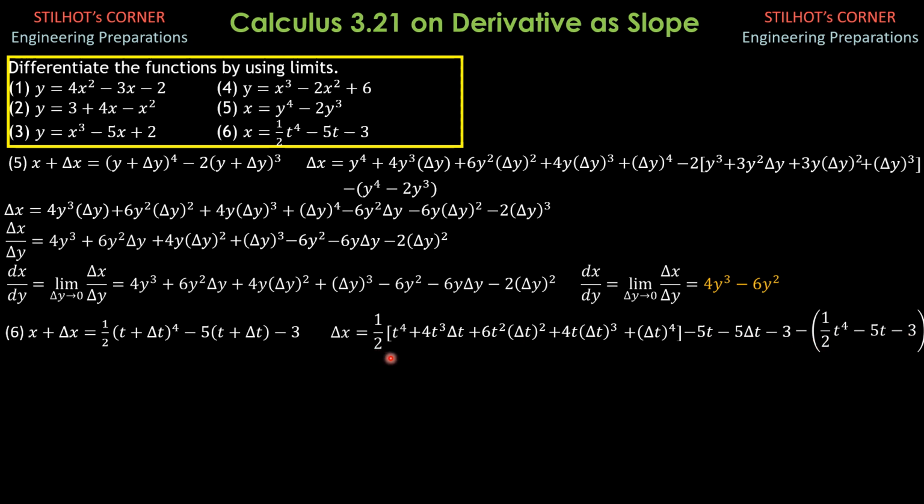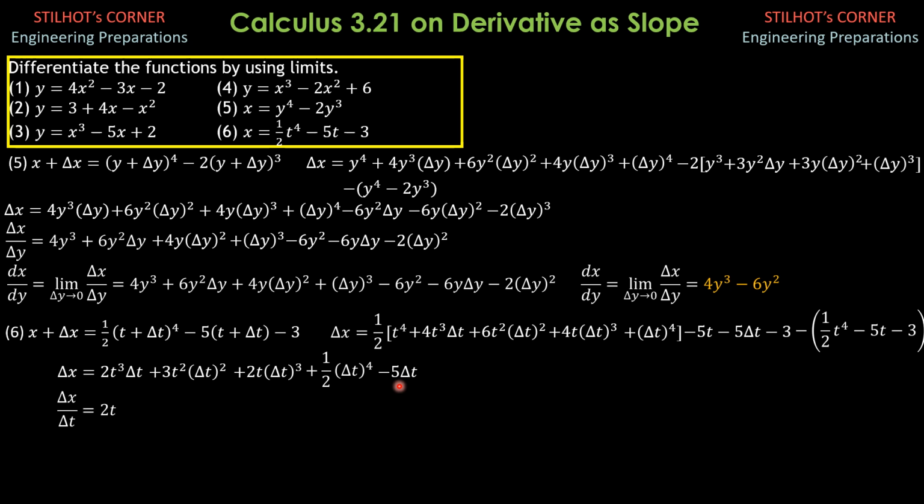So delta x equals 2t cubed delta t plus 3t squared delta t squared. 1/2 of 4t delta t cubed is 2t delta t cubed. Then plus 1/2 delta t to the fourth minus 5 delta t. So this will be the remaining terms.